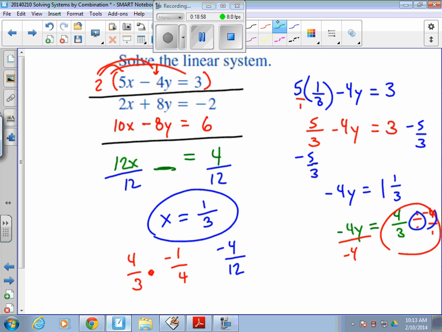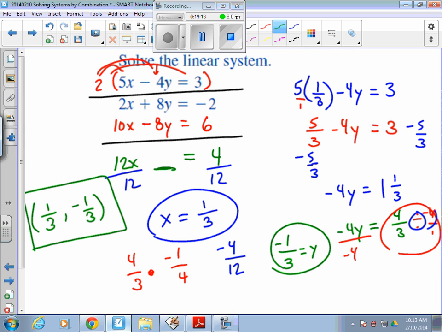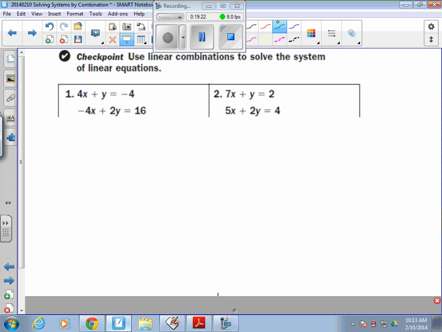It goes into itself negative 1 time and into 12 3 times. So your value for y is negative 1/3. So x comma y, positive 1/3, comma, negative 1/3. And if you use decimals, you'd be dealing with 0.33 in this case.